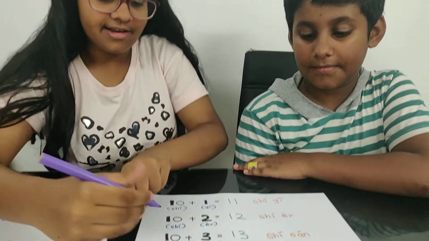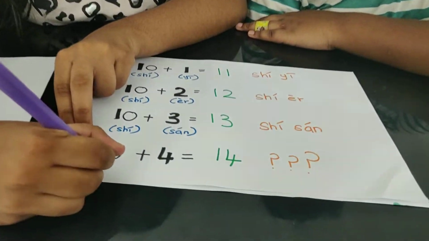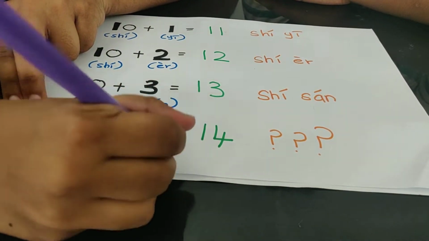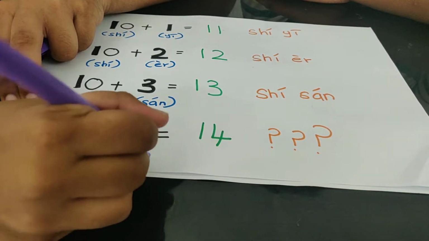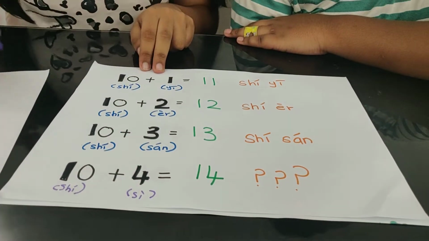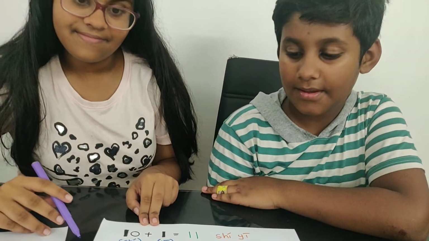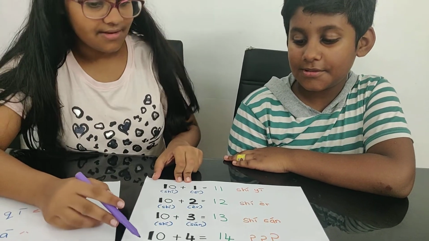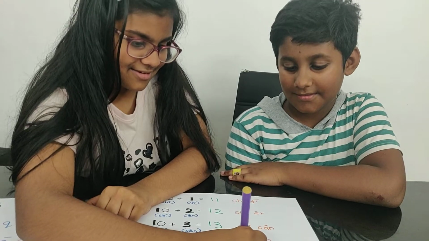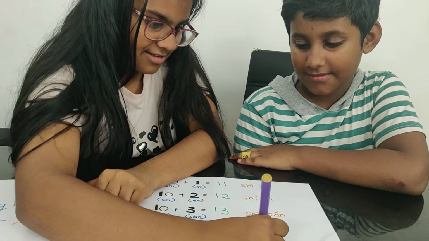So 10 equals shi. We all know. Then what is 4? It's si. So how do you say 14 in Chinese? Shi si. Correct. So it's shi si.